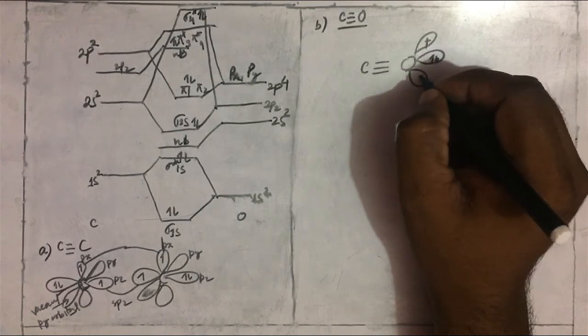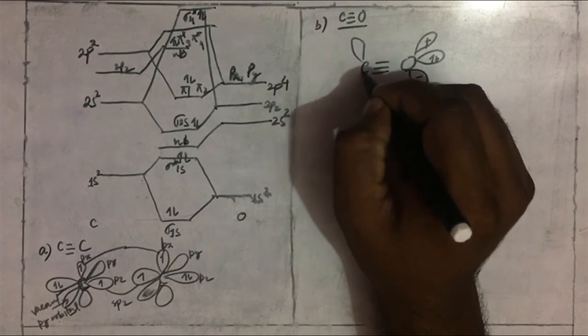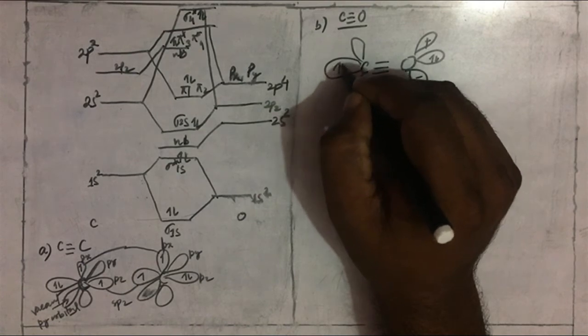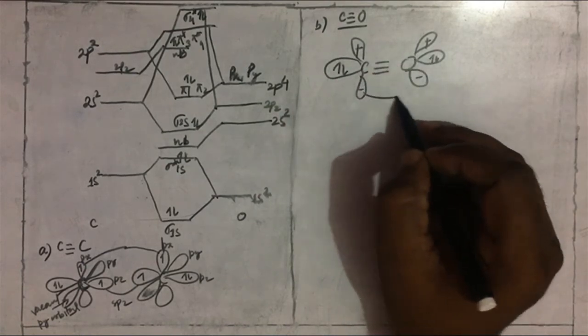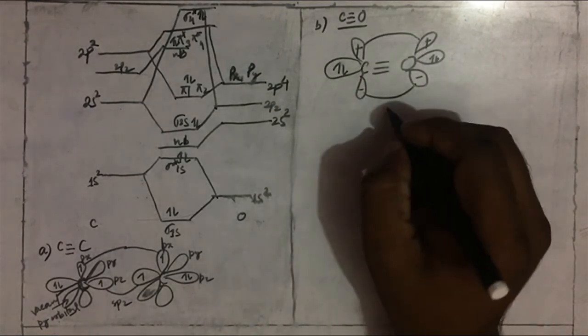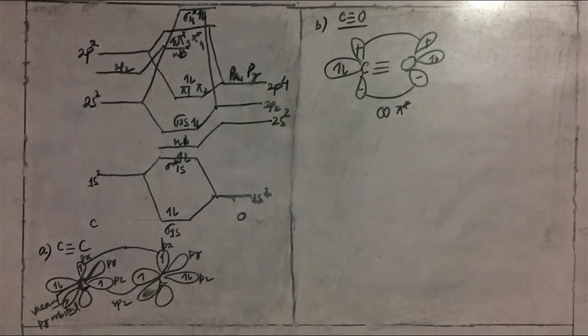Here is positive charge, here is negative charge. If you draw like this, here is positive, here is negative. So positive will overlap with positive and negative will overlap with negative. So it will form the CO pi star orbitals.